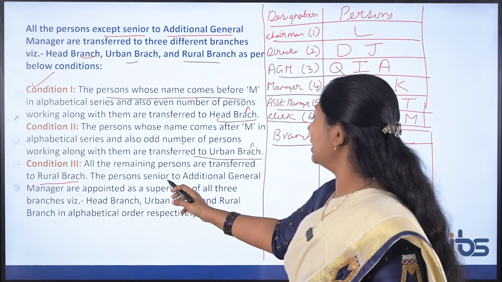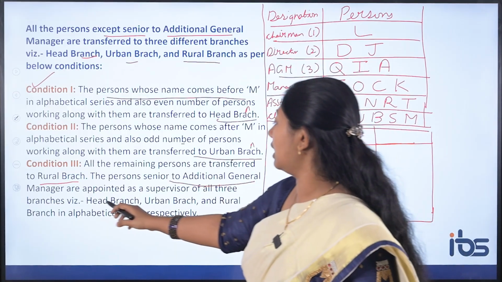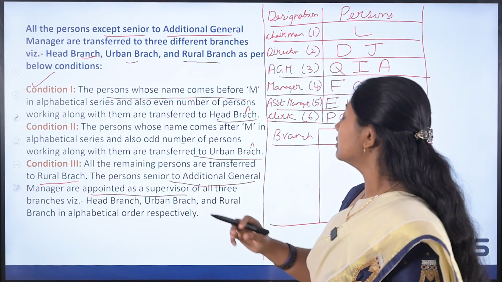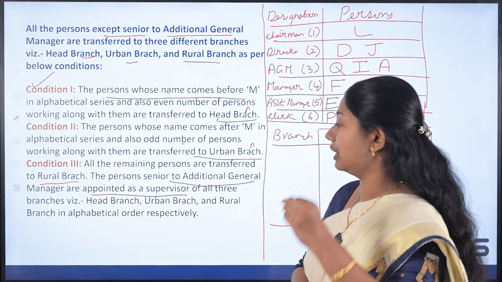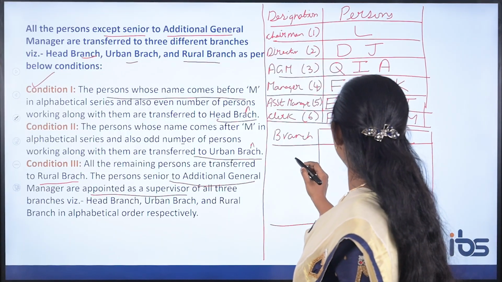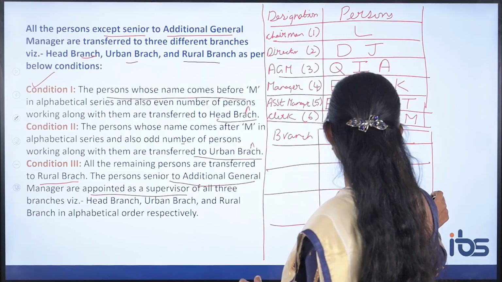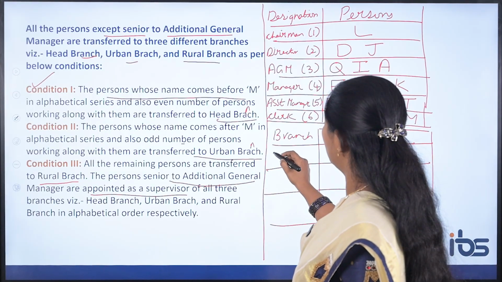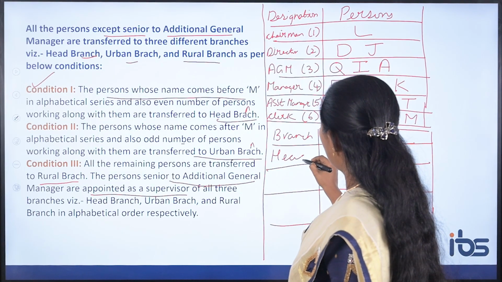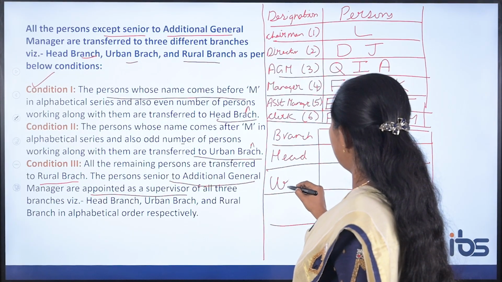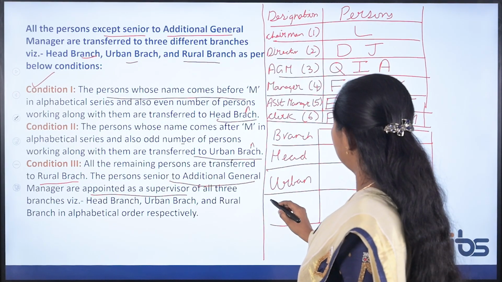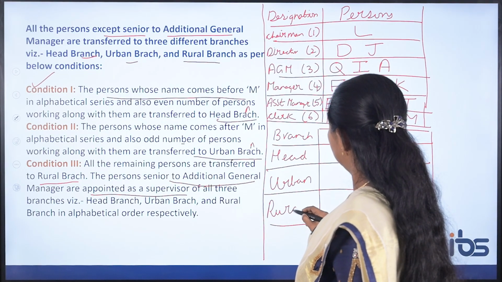They are saying the persons senior to additional general manager are appointed as supervisors of all the 3 branches. So how many branches do we have here? 3 branches. What are these? Head branch, then the urban, and then the rural.